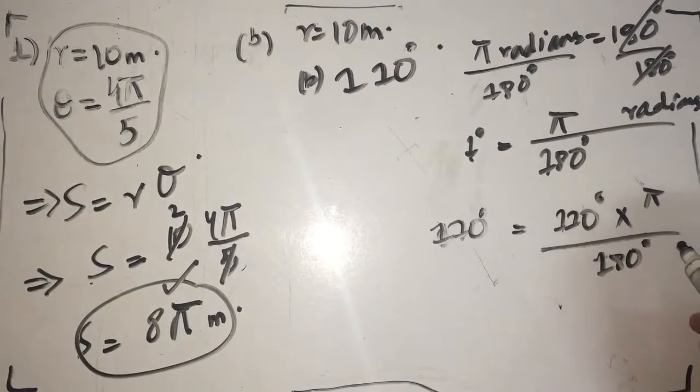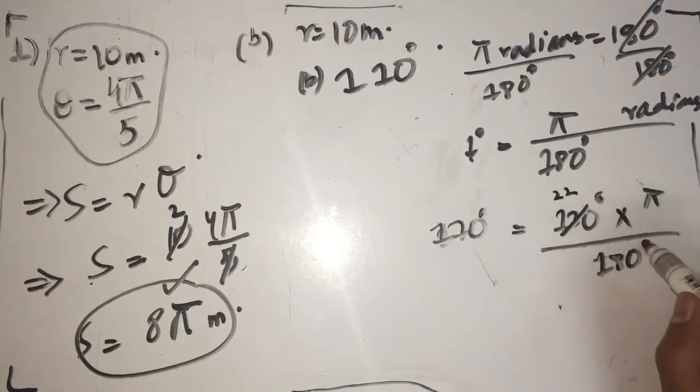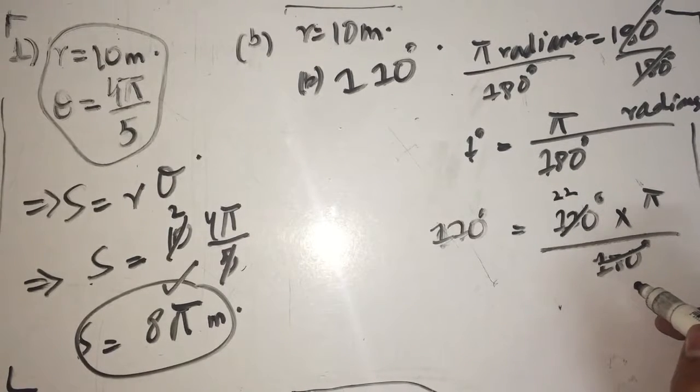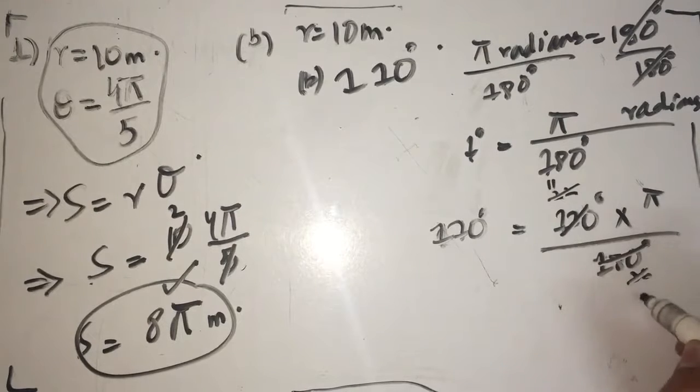So what it is actually going to give us is, simplifying by 10, 11 by 18.